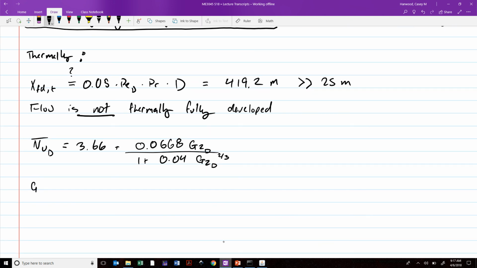We have to calculate this thing called the Graetz number, which is defined as d over x times the Reynolds number based on diameter times the Prandtl number.